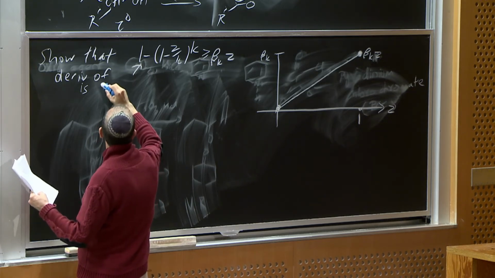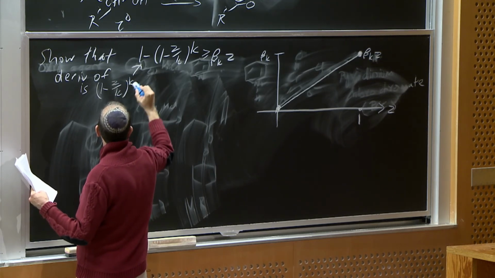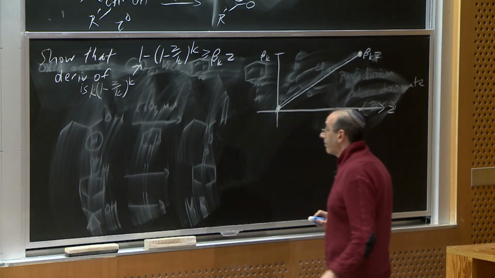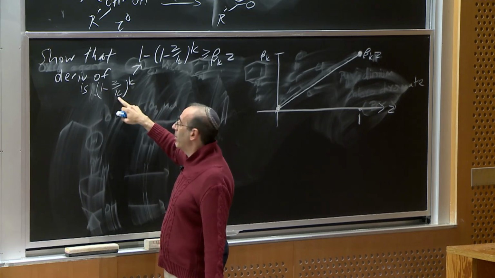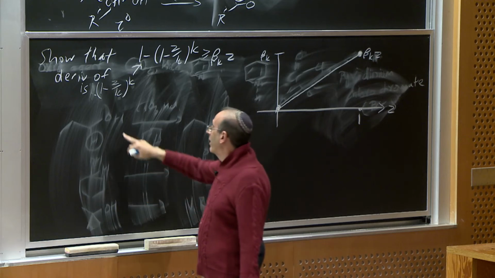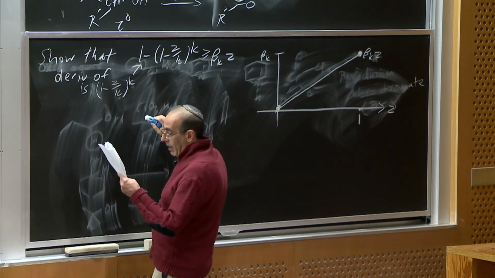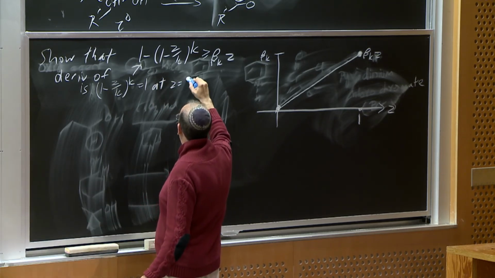Right, is just 1 minus z over k to the kth power. Sorry, there's a k out here because it's a polynomial. Right? No, sorry, the k's cancel. Right? We pull down a k, but it gets canceled out by the division. It's been so long since I last took a derivative. Which is equal to 1 at z equals 0.